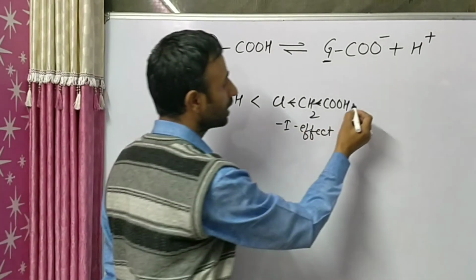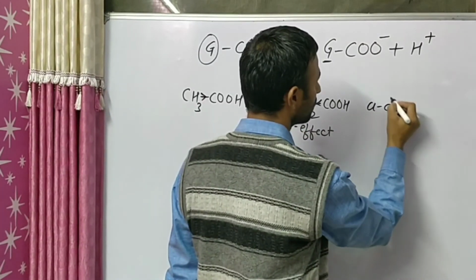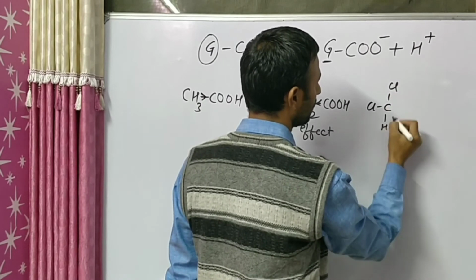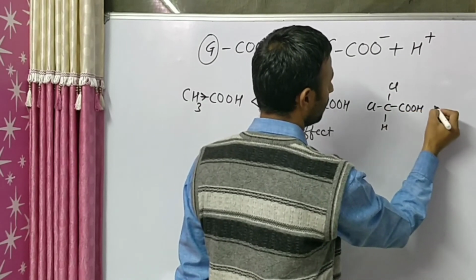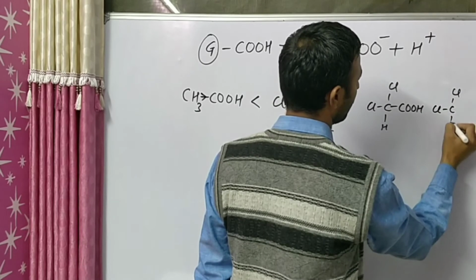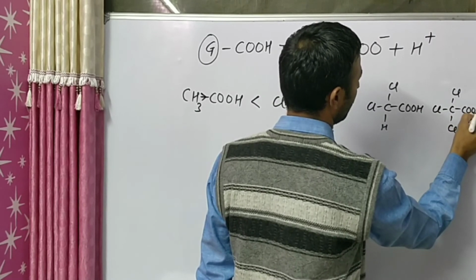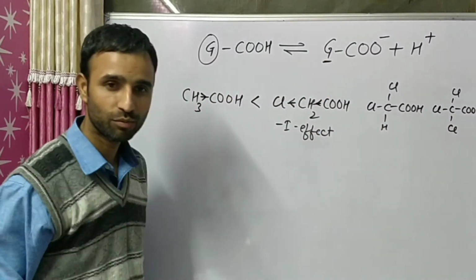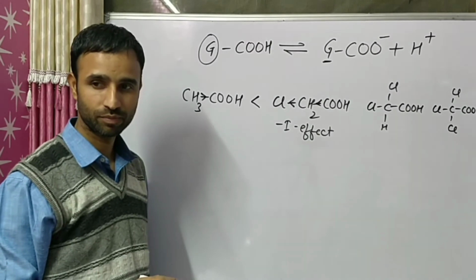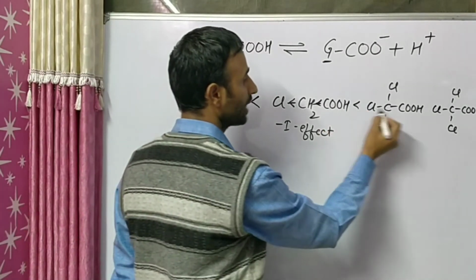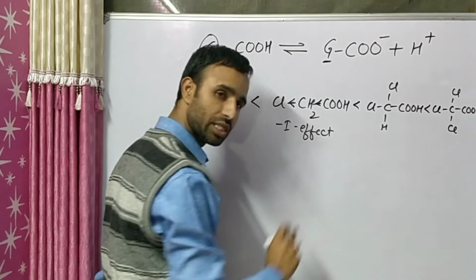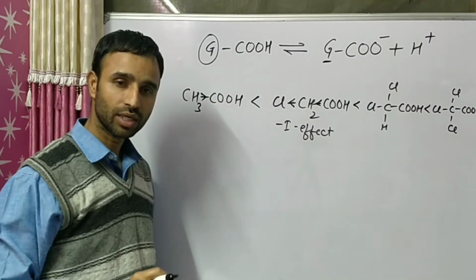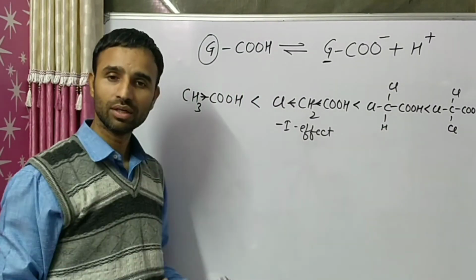Now if I increase chlorines, one more, acidic strength will increase, because as the number of chlorine atoms increases, minus I effect increases, so acidic strength increases.